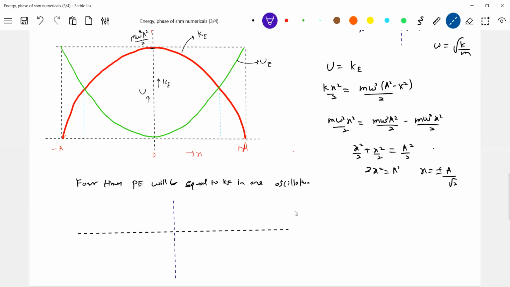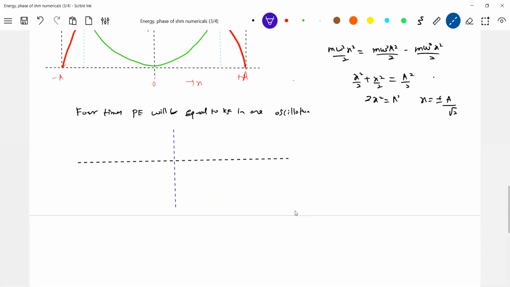You take help of the mathematics that you know, and take help of the diagrams here. So there's a mean position. Just indicate it like this.